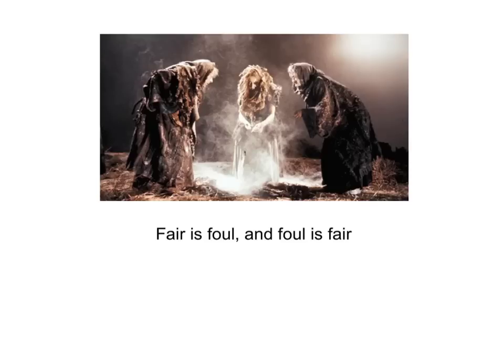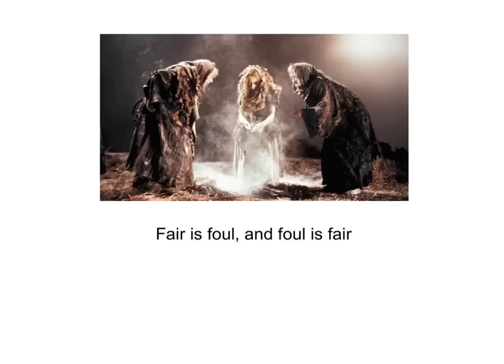If you have your text with you and you're open to Act 1, Scene 1, the first thing they say is, "When will we meet again?" To which they respond, in thunder, lightning, or in rain. It becomes clear that there's kind of an evilness lurking. And who do they want to meet? They want to meet Macbeth.